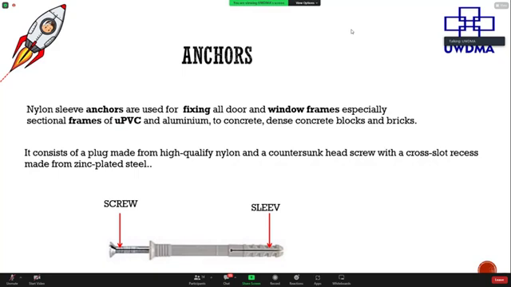It is a nylon sleeve which goes into the wall through the window or door frame. And then there is the screw which when it goes inside, the sleeves kind of open, and both the leaves open, and they lock themselves into the wall.